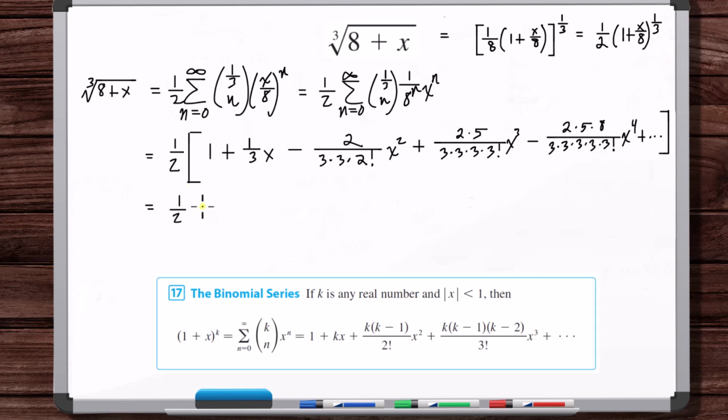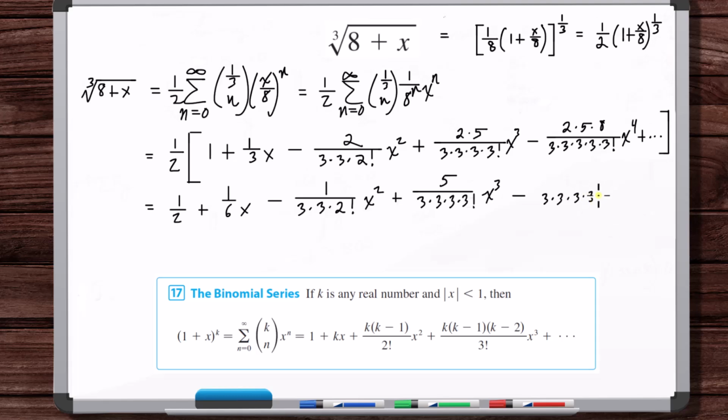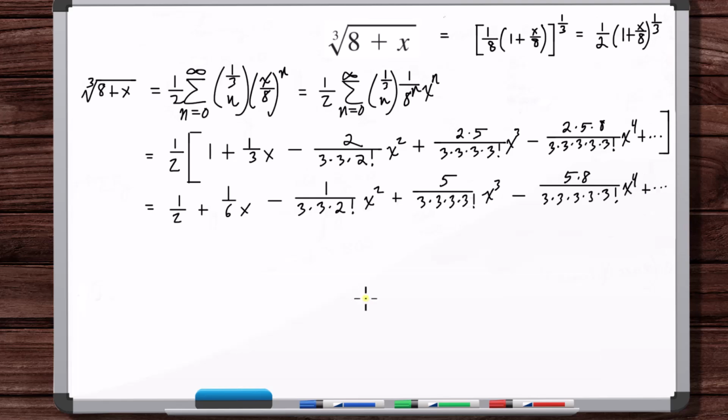So 1/2 plus 1/6 x, then minus 3 times 3 times 2 factorial over 1 x squared plus 3 times 3 times 3 times 3 factorial x cubed minus 3 times 3 times 3 times 3 times 3 factorial like that.